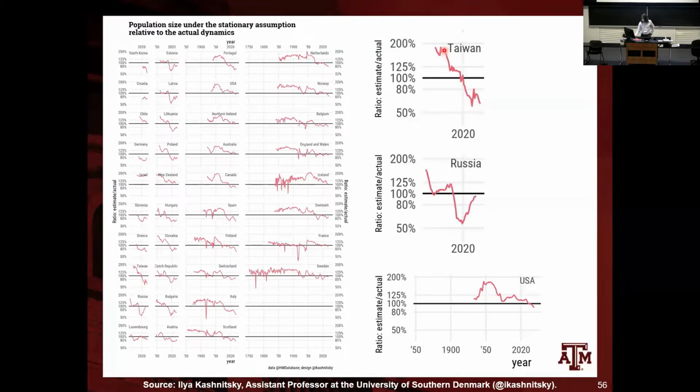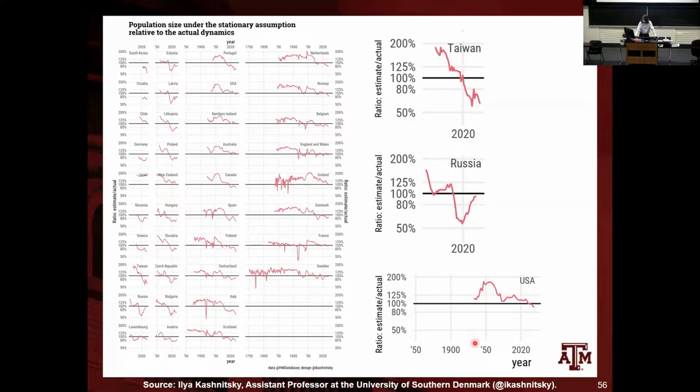So this is the estimate based on this Elon Musk theory, or the stationary population theory. If it's above 100%, the stationary population theory is overestimating the size of the population in that year. If it's below 100%, it's underestimating the size of the population for that specific year. If you download this slide, you can read the names of the countries here.